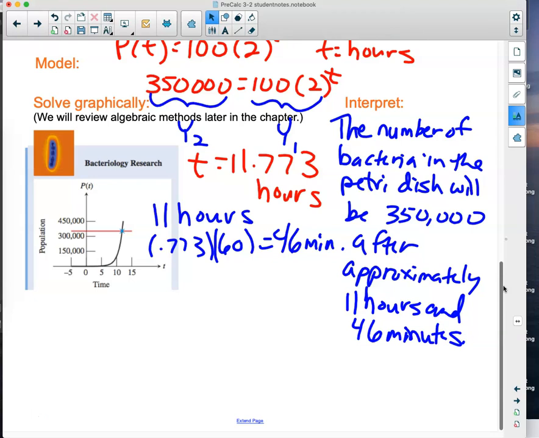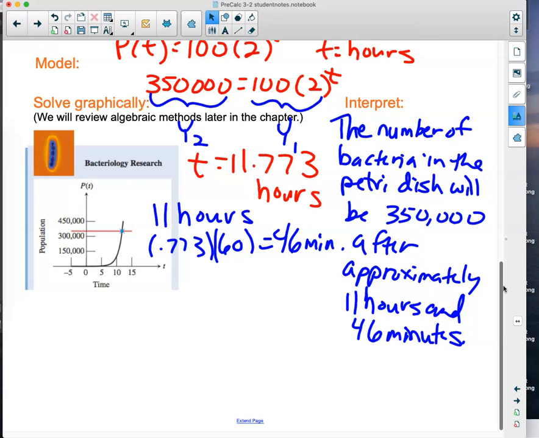Now, why not keep going and get hours, minutes, and seconds? Because real situations, biological situations, they're out of our control and they're never perfect. So sometime around 11 hours and 46 minutes, you'll be able to see the 350,000 bacteria in that Petri dish.